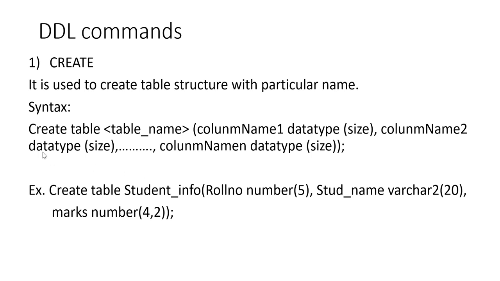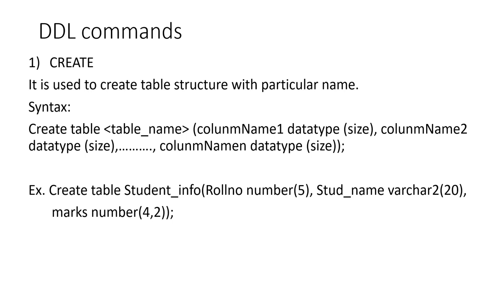The syntax for creating a table in the database is create table, table name, in brackets column name 1, data type, size in brackets. This is the first column. For the second column, you need to give a comma, then column name 2, the data type, size, up to column name n, data type, size. As per the user's requirement, the user can create different columns.